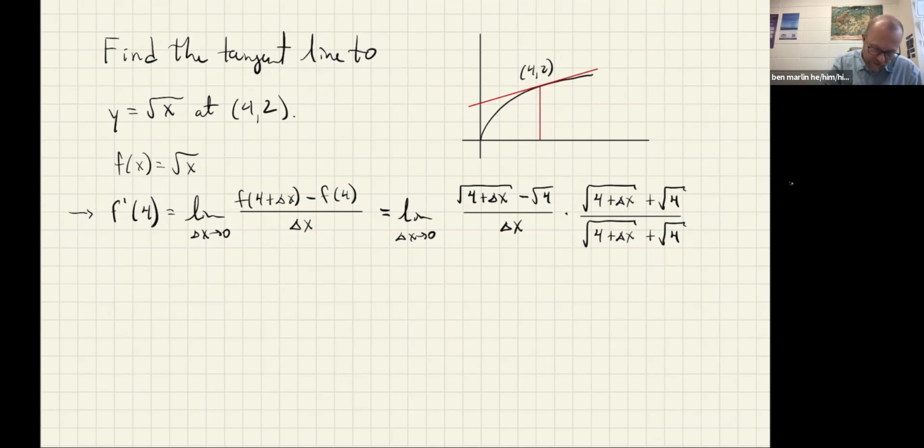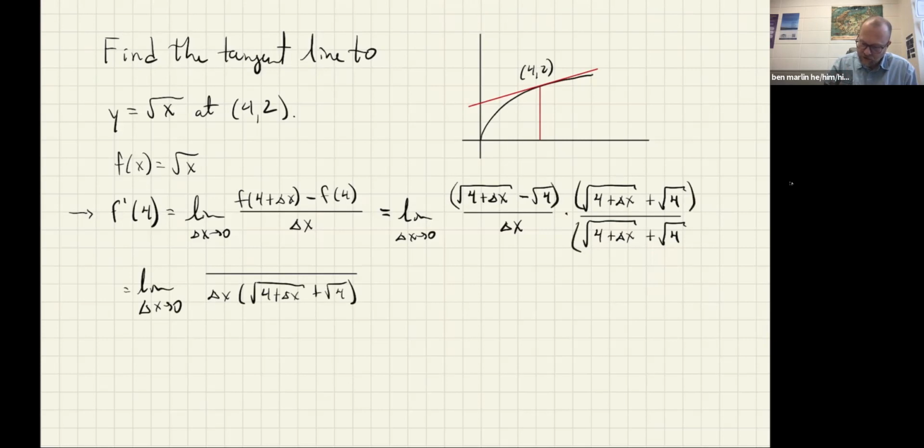And now this is the limit as delta x goes to 0. And the bottom will have a delta x times square root 4 plus delta x plus square root 4. And then the top, we purposely were multiplying by a conjugate to get this to do the right thing.